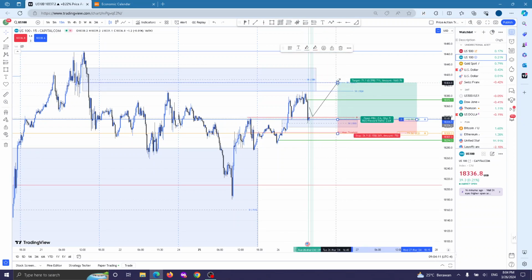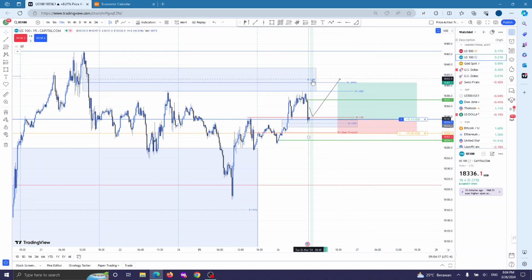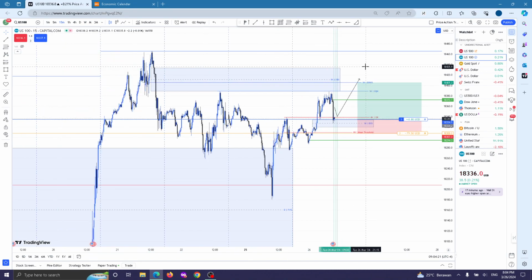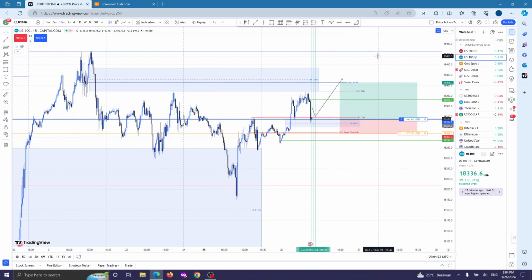That's why I put my exit point at this breaker, because it has a lot of confluence that will push price lower. Okay, wait. We'll wait for silver bullet 1 hour more.